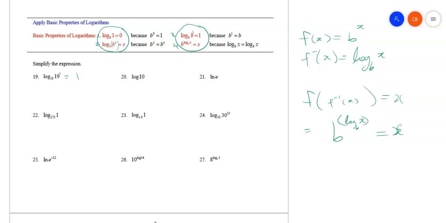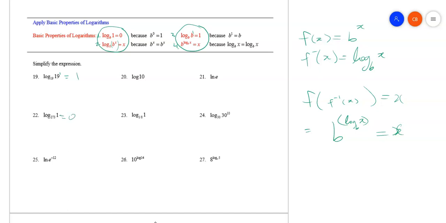We have also a question like number 22, because you'll see that 20 and 21 are the same as 19. But here, number 22, we're taking log base 273 of 1. If you remember property number 1, log with whatever base, it doesn't matter, so the 273, don't let it trip you up. If you take log of 1, you're going to get 0.